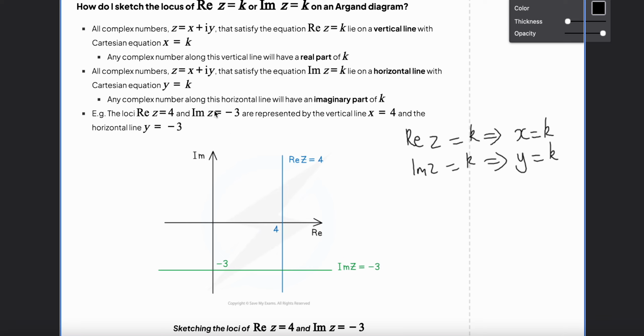When we have the imaginary of z equal to -3, we want to draw the line for y equals -3. So this line y equal to -3 is representing the imaginary of z equal to -3. So in a nutshell, when we have the real of z equal to k, this is a vertical line, and imaginary of z equal to k, this is a horizontal line at k, right?